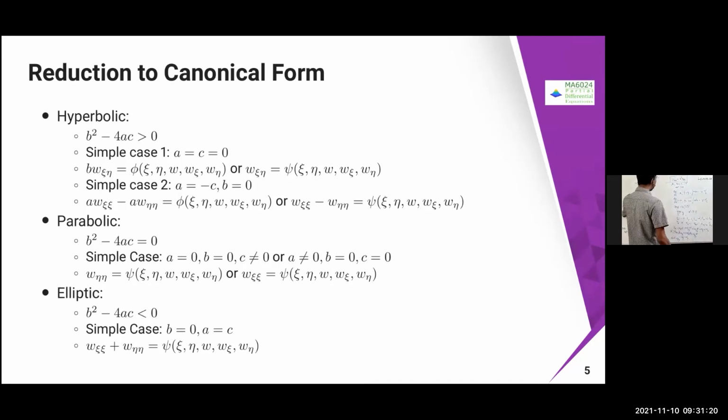So always if a equal to c equal to 0, automatically this w chi eta should come like this. But don't confuse capital A and small a. Capital A and capital C are not equal to 0, but small a and small c are 0.